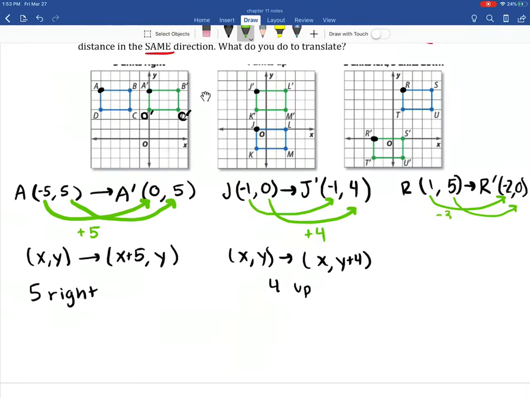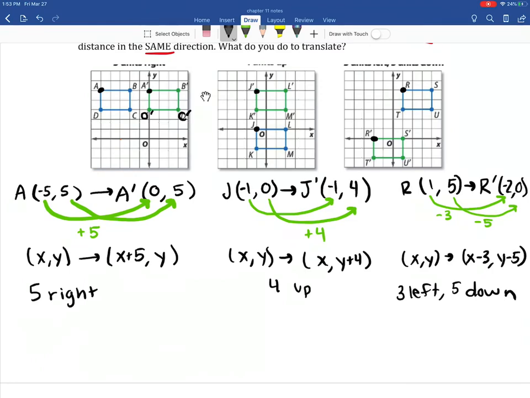Well, from 1 to negative 2, I'm subtracting 3. From 5 to 0, I'm subtracting 5. So I'm doing two things at once. I'm taking my x comma y, and my x I'm subtracting 3, and the y I'm subtracting 5. If I wrote this in words, I'm going 3 left and 5 down. So you really only need to look at one point to figure out what you're actually doing.